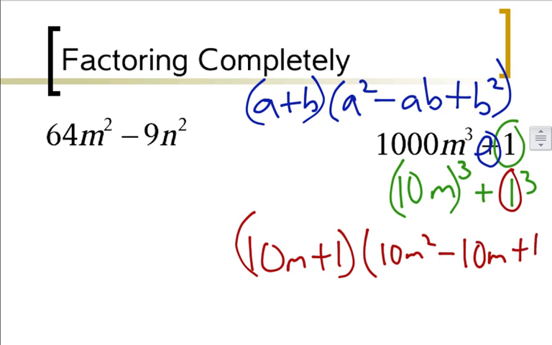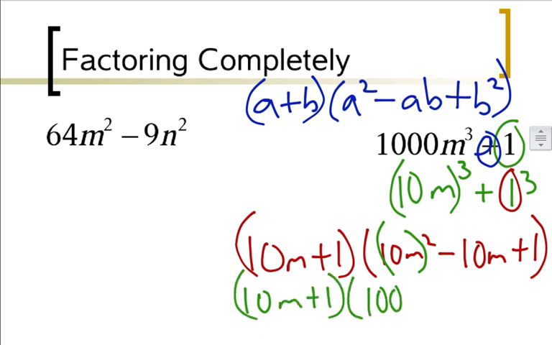So we say plus 1. Oh, I didn't put parentheses here, sorry. My 10m squared. So I need to simplify this to make it 10m plus 1 times 100m squared minus 10m plus 1.